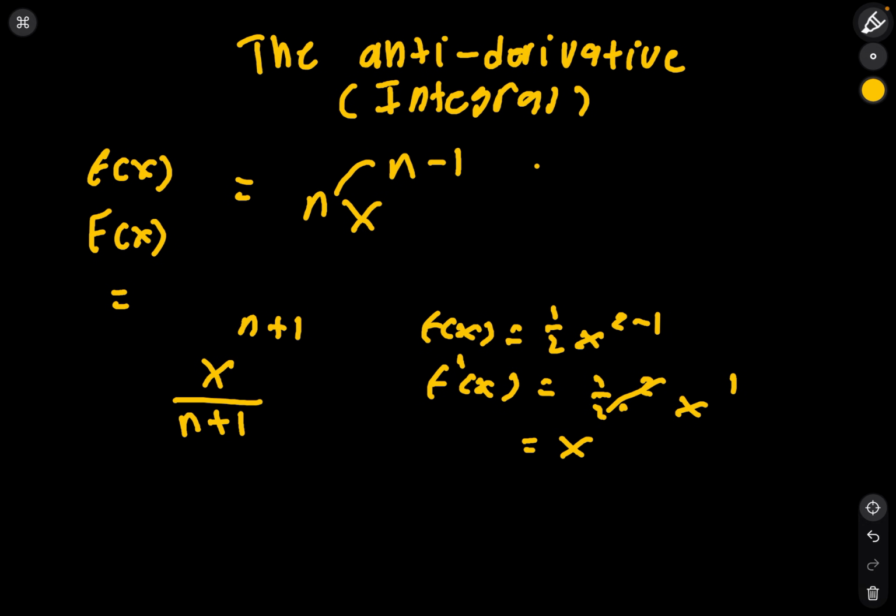If we were to find the antiderivative of x, we would just do x to the 1 plus 1 and then divide by 1 plus 1, which is equal to x squared over 2, which is the same thing as 1/2 x squared, because the fractions are just written differently. But that's essentially the whole thing.